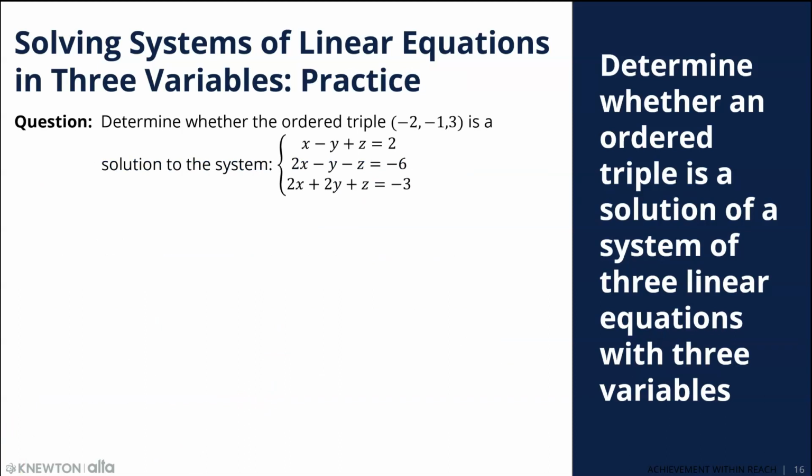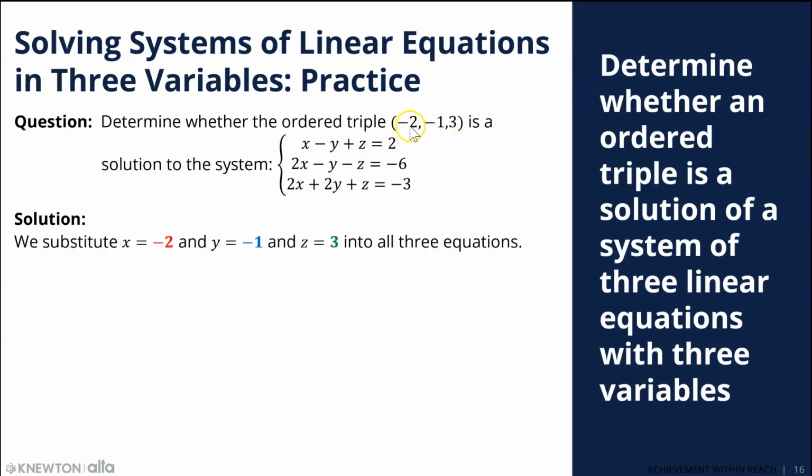For example, determine whether the ordered triple (-2, -1, 3) is a solution to the system of linear equations with three variables here. To determine whether this ordered triple is a solution to this system, we will need to substitute the values of the variables into the system.